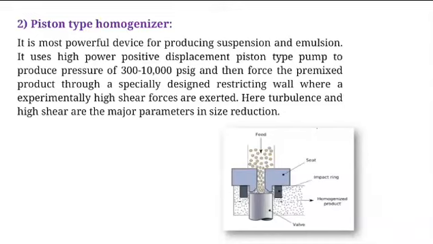It uses a high power positive displacement piston type pump to produce a pressure of 300 to 10,000 psig and then forces the premixed product through a specially designed restricting valve where extremely high shear forces are exerted. Hence, turbulence and high shear are the major parameters in size reduction.